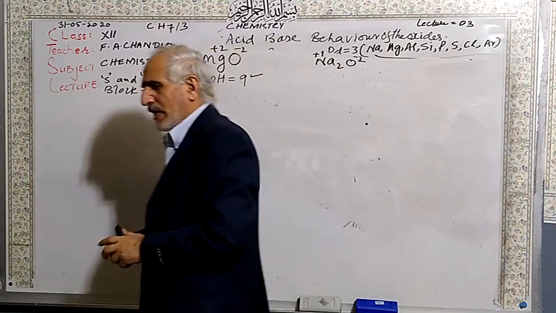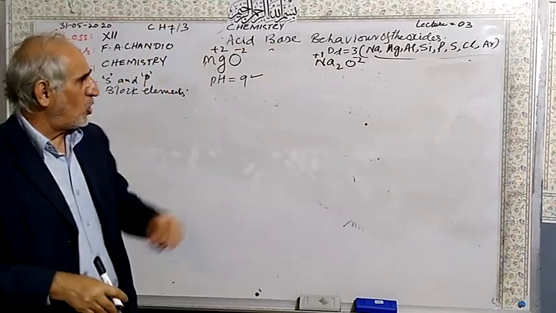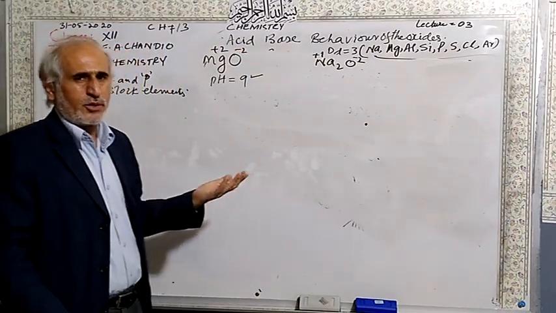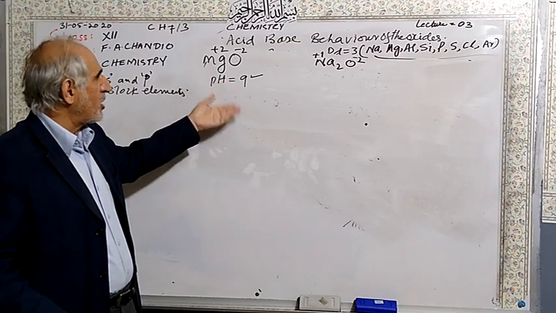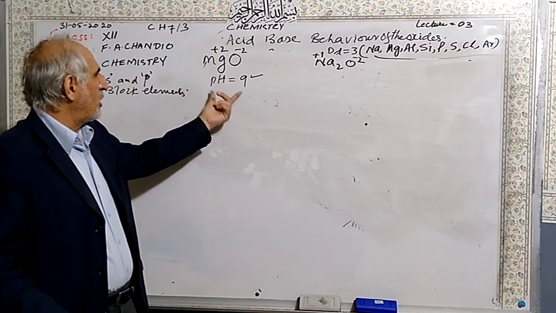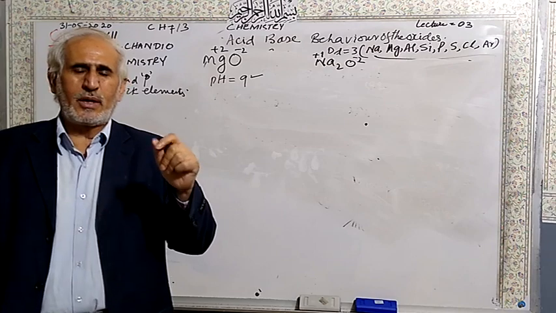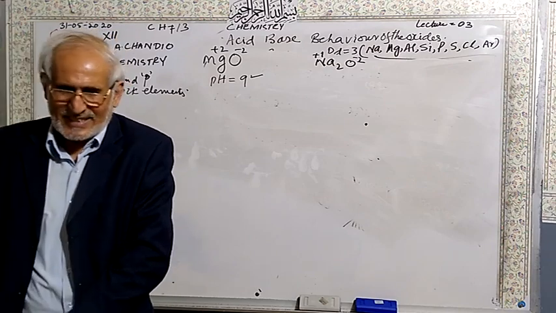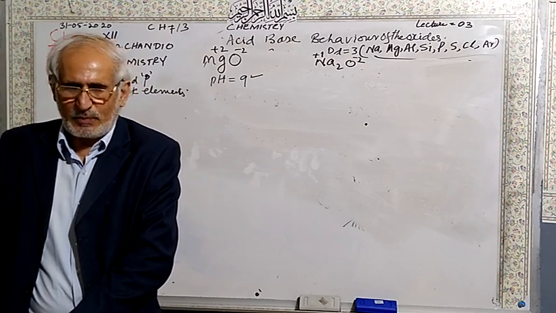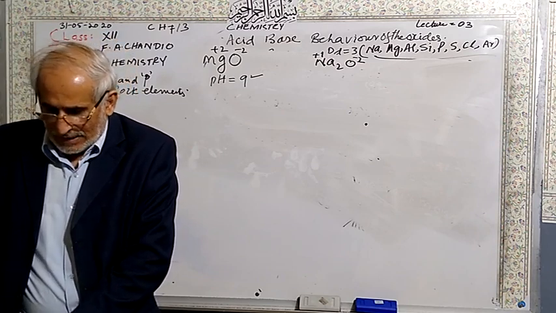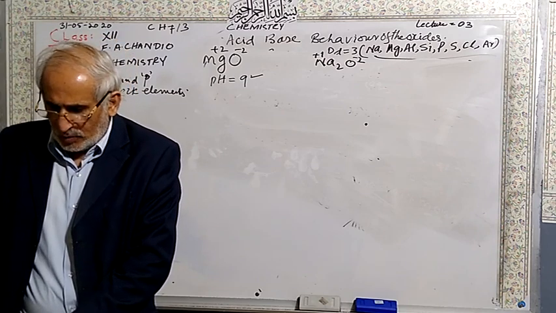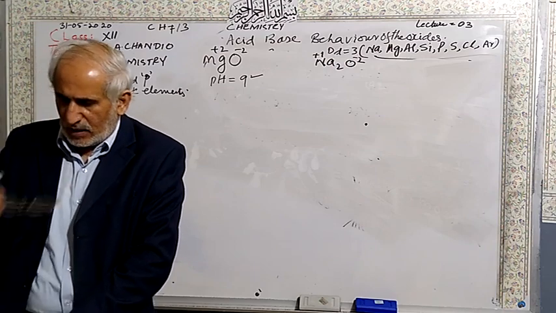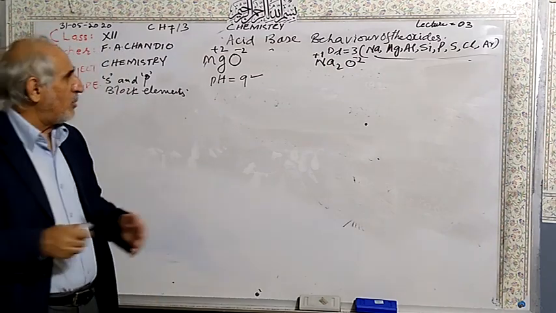If I dissolve magnesium oxide in water, it is not going to dissolve as much as sodium oxide, but if you use pH paper, the aqueous solution will give a pH of 9. So it is slightly alkaline, slightly basic in nature. The chemical reaction is formed, but not as much as with sodium oxide.